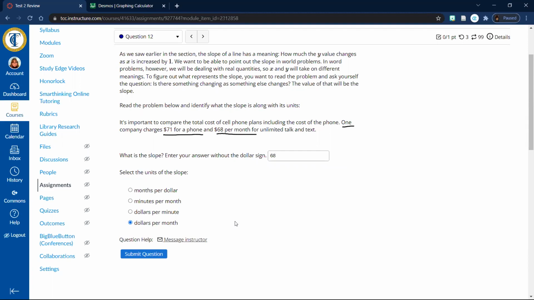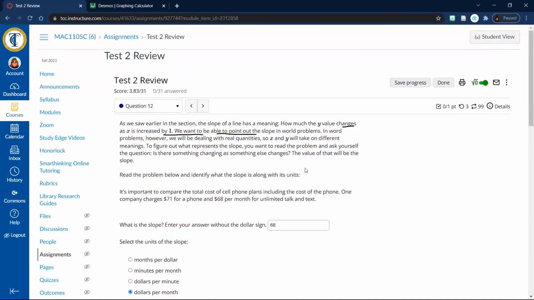I know that one's really wordy. Does anyone have any questions on that one? That's all you have to do for that one? Yeah. But notice there's all this text up here.